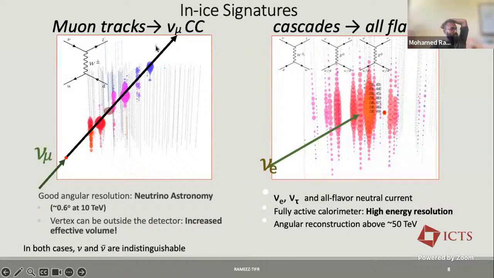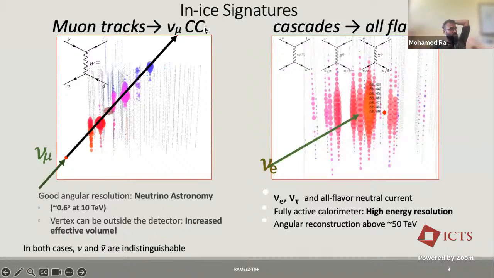The advantage of a track channel is that you can have the interaction of the primary neutrino happening much outside the detector. All you need to do is detect the secondary muon, and then you have, in some sense, detected also a neutrino. Of course, you cannot reconstruct the energy of the primary neutrino. You only get an upper limit based on how much of the energy was deposited by the muon within your detector.